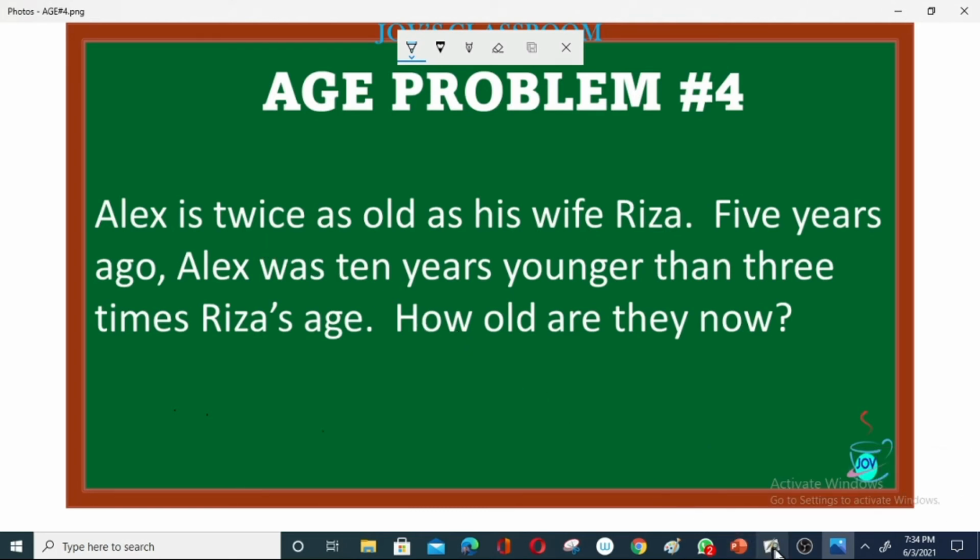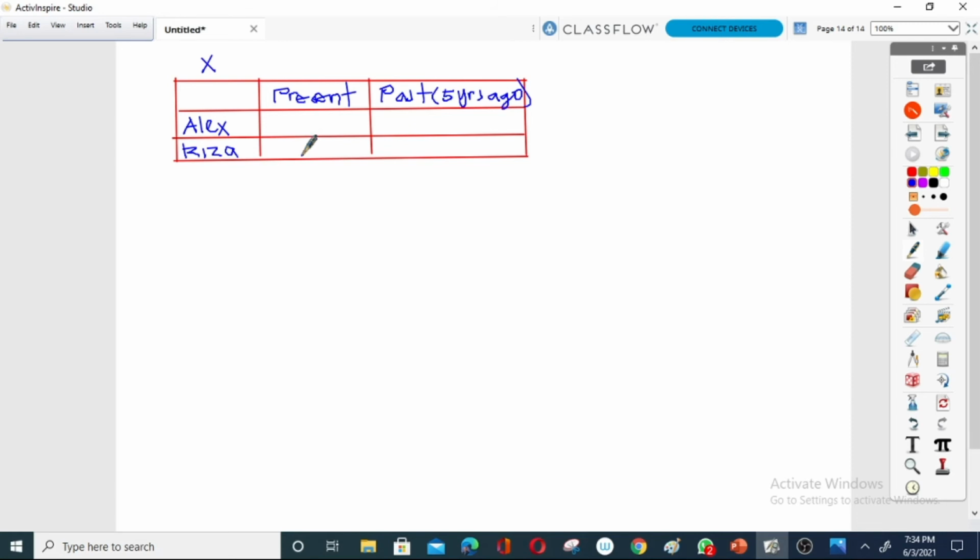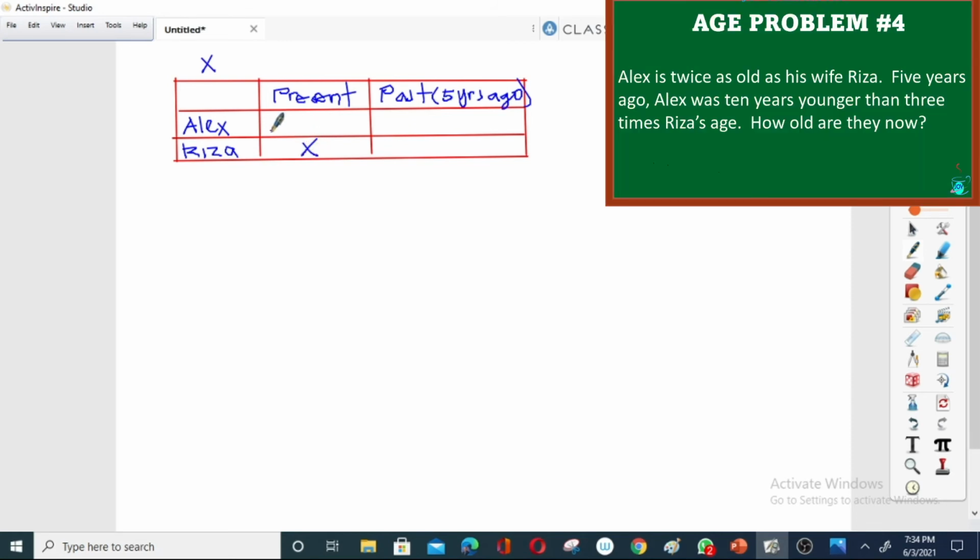So Risa will be our X. And he said twice as old as his wife, so we need 2 times X. In the past, this is 2x minus 5, and x minus 5.